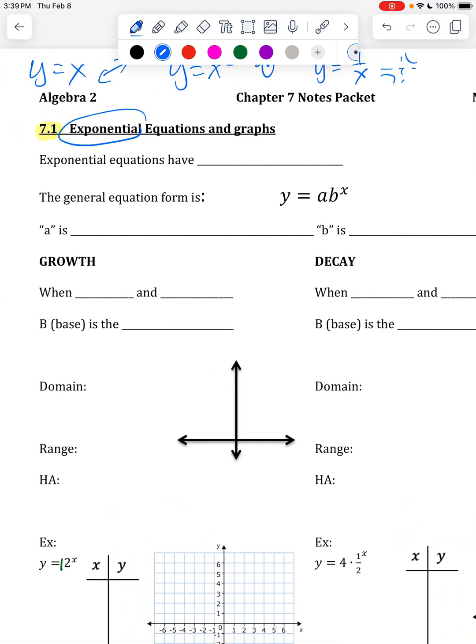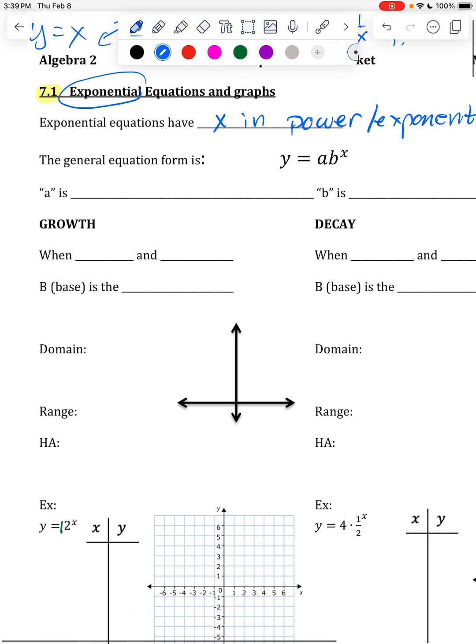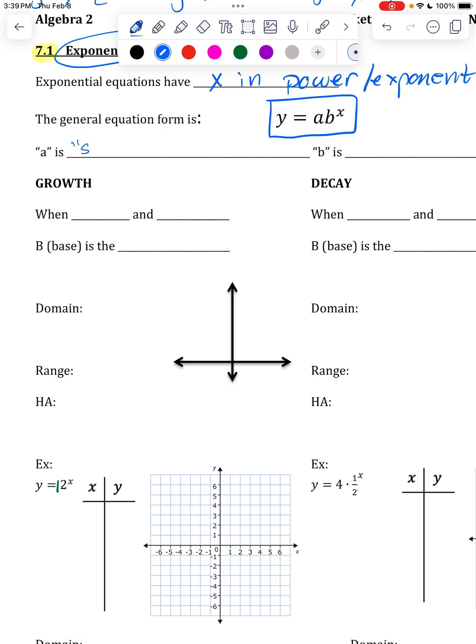And exponential functions have x in the power or in the exponent. That's why they're called exponential. All right, then. So the general equation is this thing. A is going to be kind of like your start value because it's what you have when x is 0.